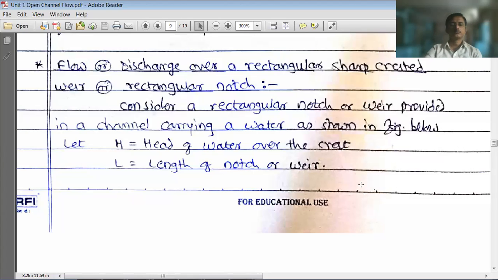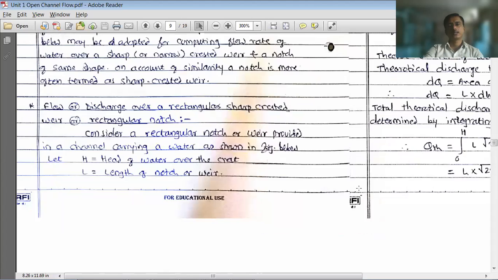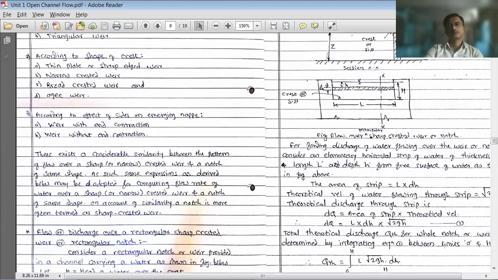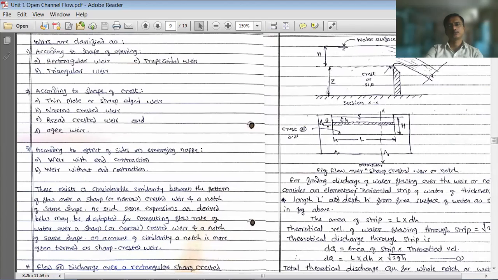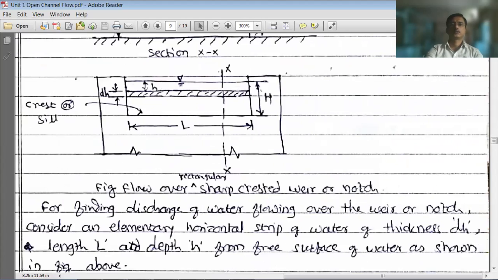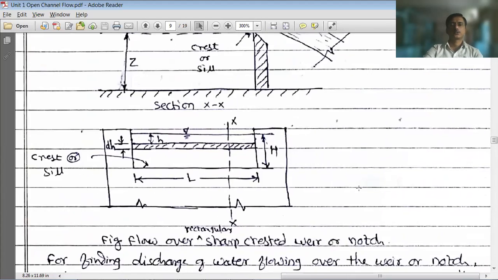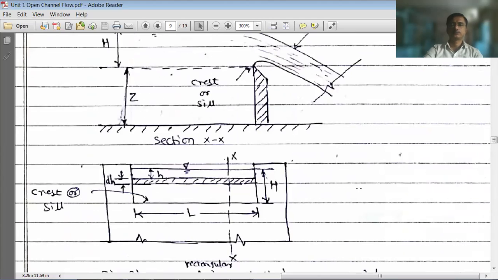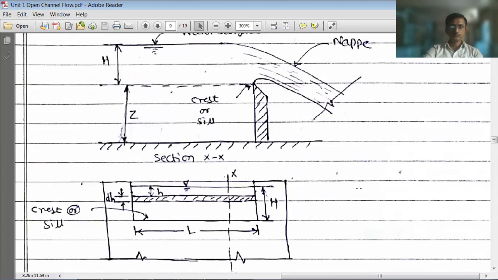For this purpose, we have to see this diagram here. This is the rectangular notch or weir. Capital H is the total depth of water over the crest.